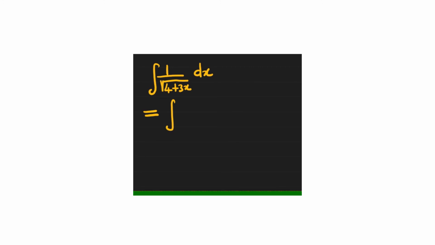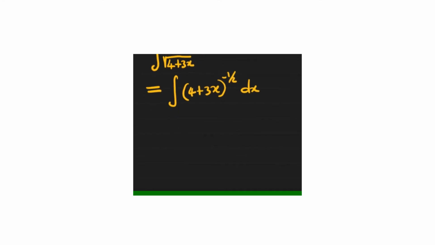We must redo it as (4 + 3x) to the power of minus half, dx, by using our laws of exponents.